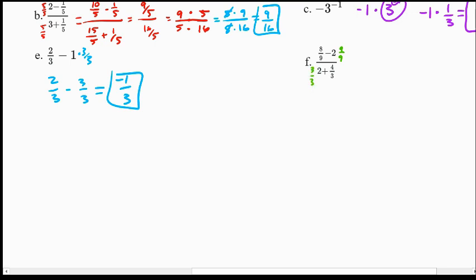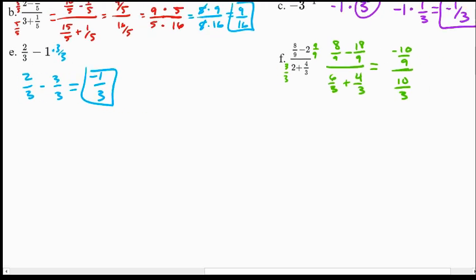I'm also going to get a common denominator on the bottom by multiplying by 3/3. So I get 8/9 minus 18/9. The bottom becomes 6/3 plus 4/3. 8 minus 18 is -10, and 6 plus 4 is 10.